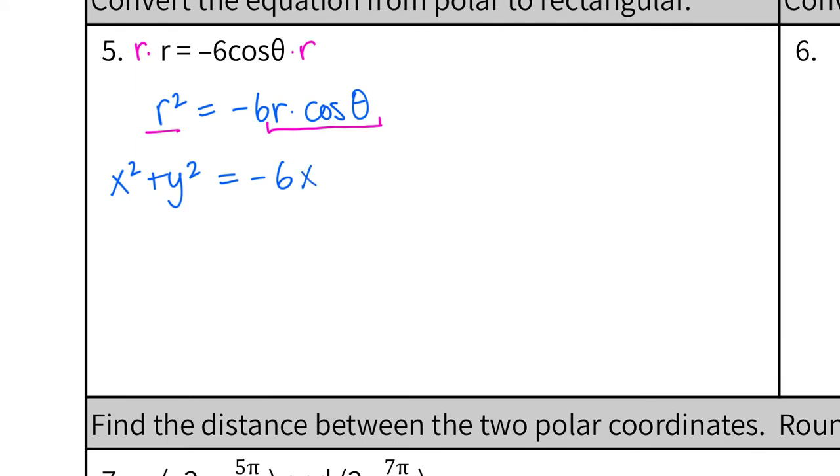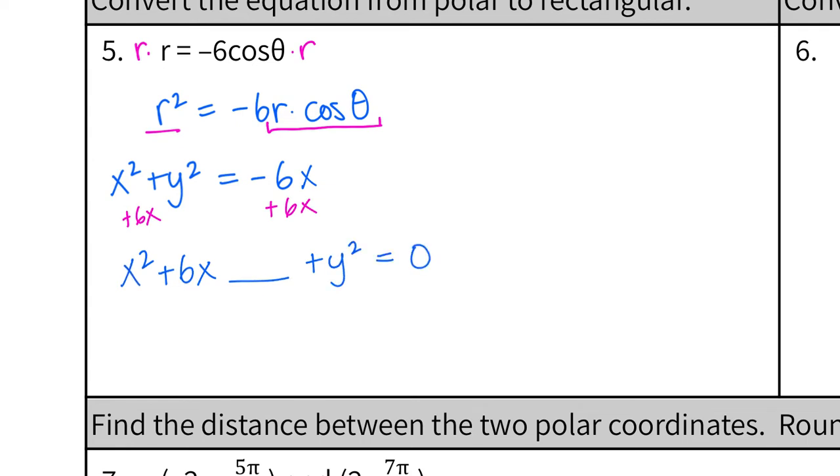Okay, so I want all my x's to be on the same side, so we're going to add 6x to both sides. That gives me x squared plus 6x, I'm going to leave a blank here, plus y squared equals 0.